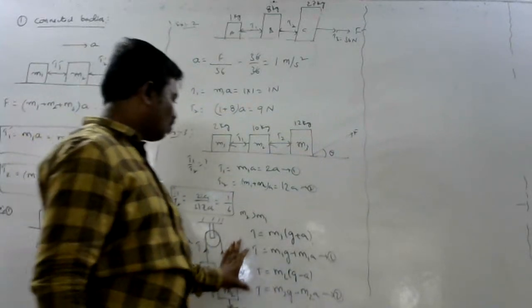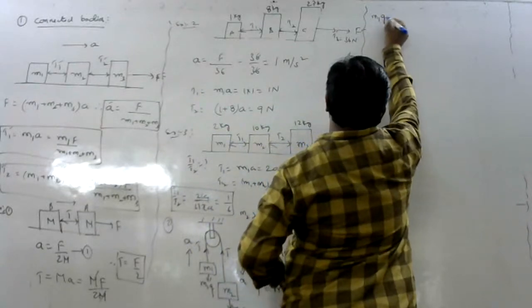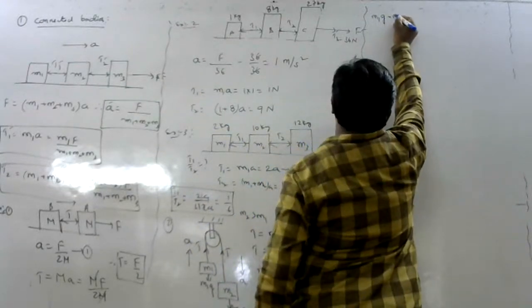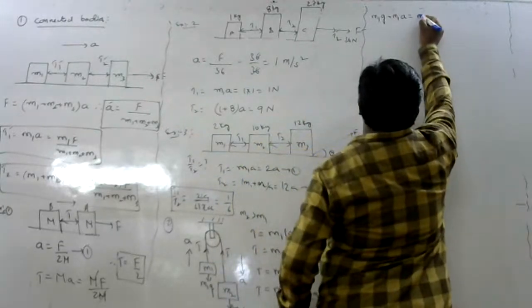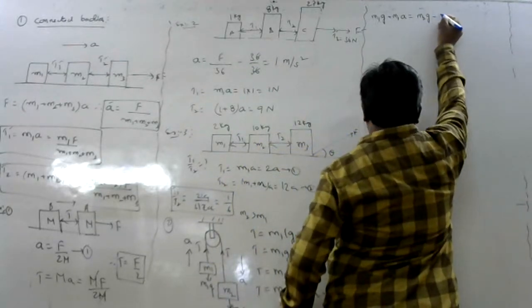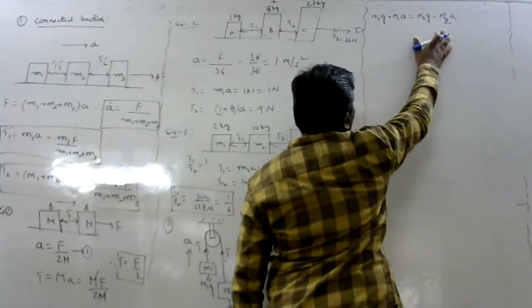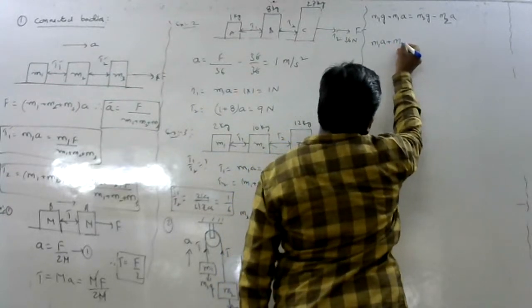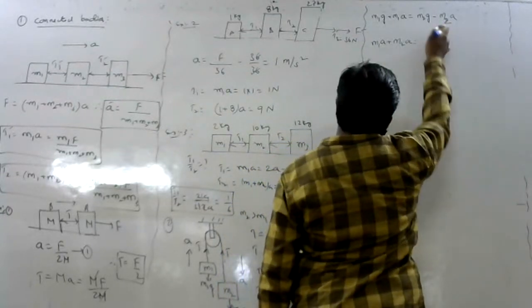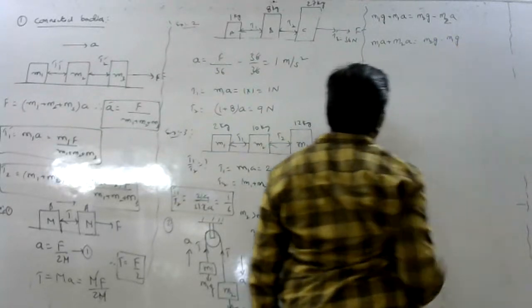From equations 1 and 2, m1g plus m1a is equal to m2g minus m2a. This m2a becomes plus on this side. So m1a plus m2a is equal to m2g minus m1g.